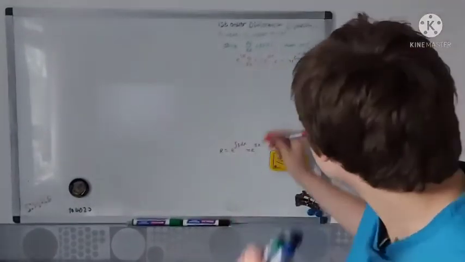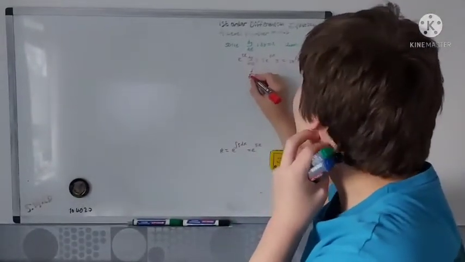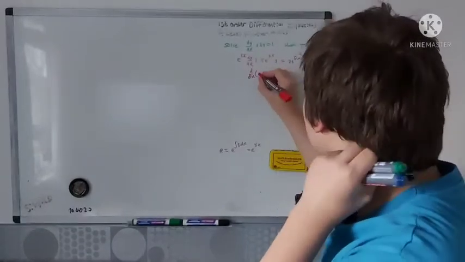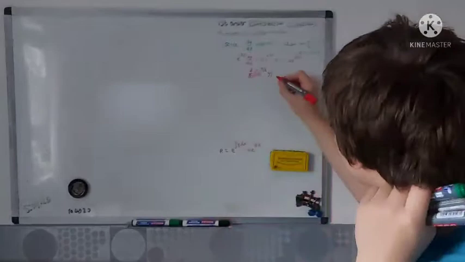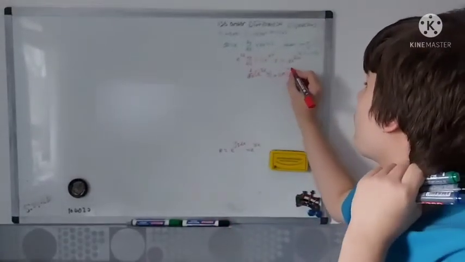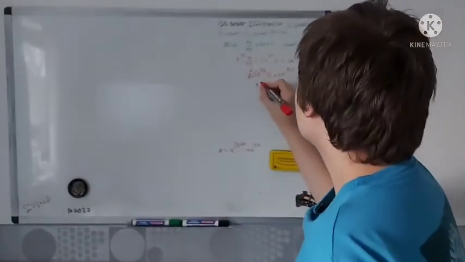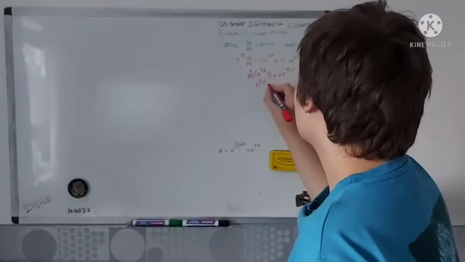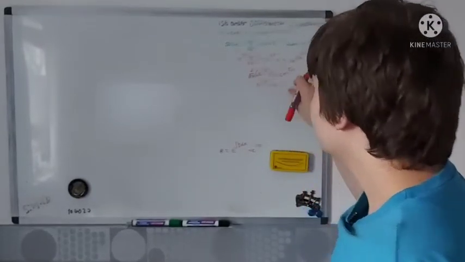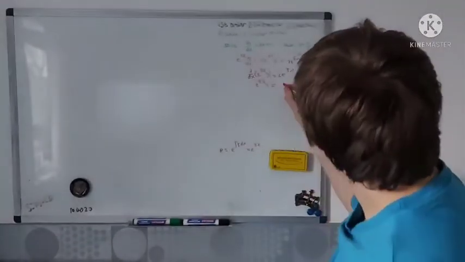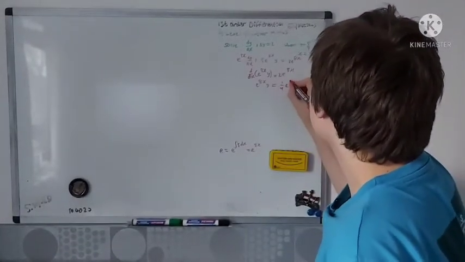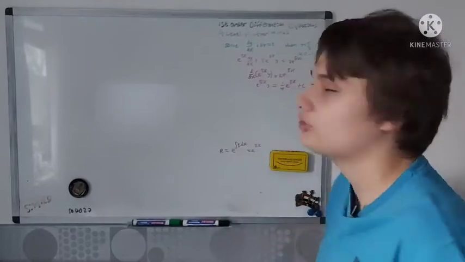Looks pretty nasty, but it is a most definite perfect derivative. Integrate both sides, we'll get e to the 8xy. Integrate 2e to the 8x, well that'll be 2 over 8, which is a quarter, e to the 8x plus the constant c.